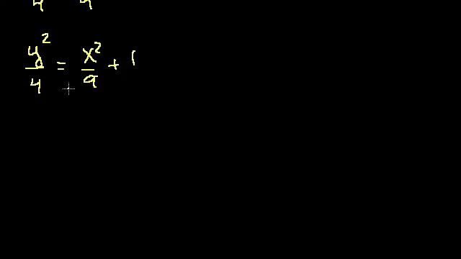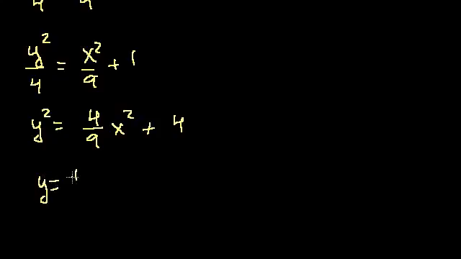Now I can multiply both sides by 4, and you get y squared is equal to 4 over 9 times x squared plus 4. Distribute the 4. Take the positive and negative square root of both sides. y is equal to plus or minus the square root of 4 over 9 x squared plus 4.